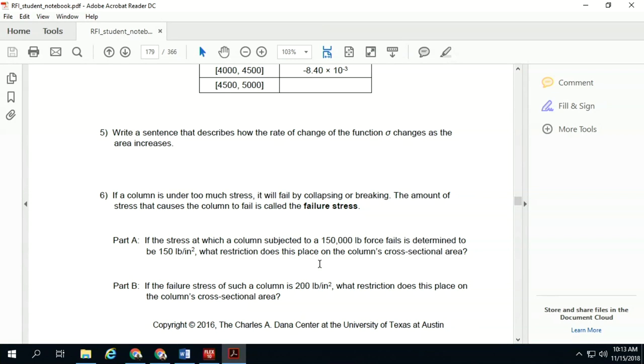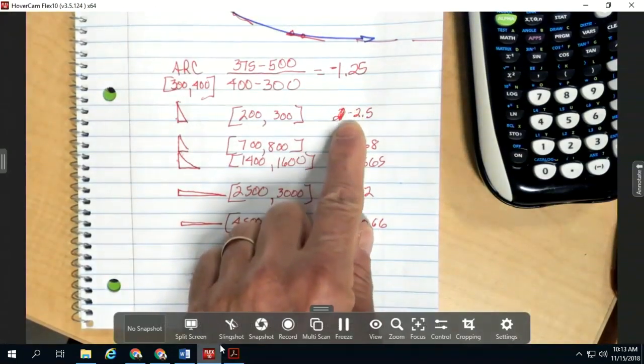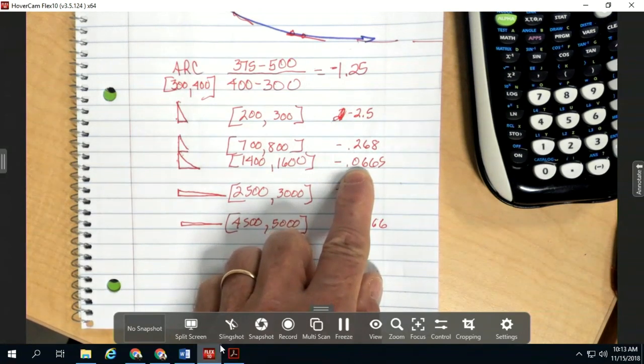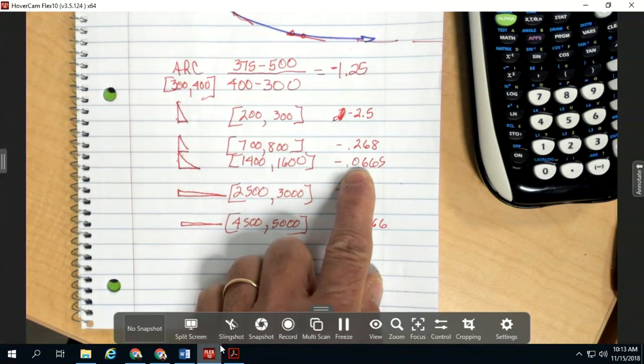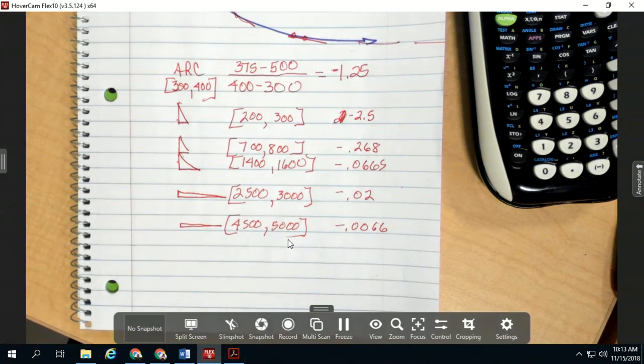Or is that increasing? Yeah, that's increasing, isn't it? These numbers are increasing. Correct? Negative 0.268 is smaller than negative 0.0665. They're increasing as they get closer and closer to zero.